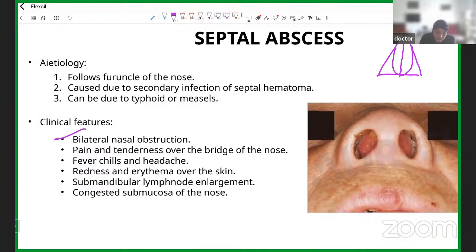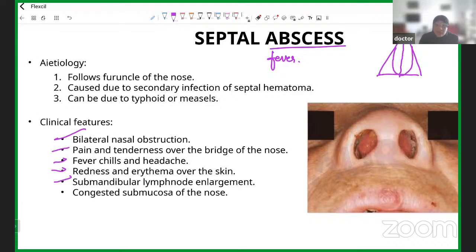It's an abscess; every abscess is related to fever, either low-grade or high-grade. They'll complain of pain and tenderness over the bridge of the nose, and headache. They'll complain of redness and erythema over the skin because of the abscess. They'll have submandibular lymph node enlargement.